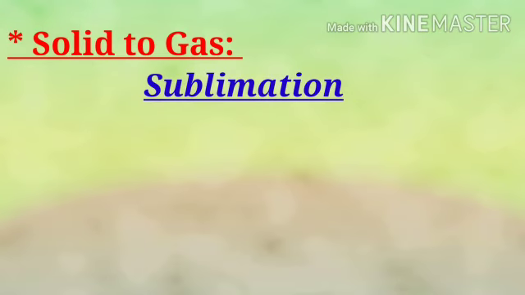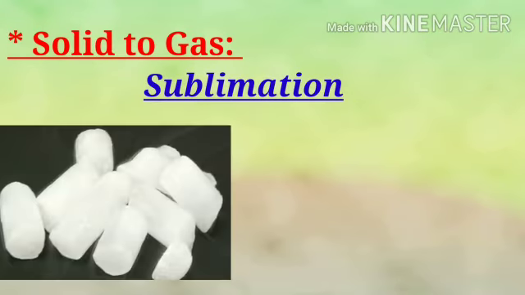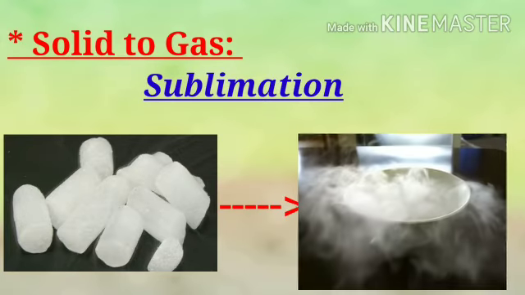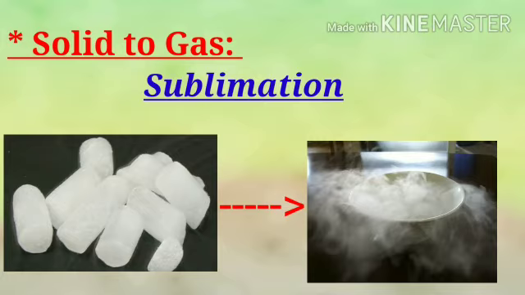Okay. Now our next transition is solid to gas. This process is known as sublimation. Here you can see that a solid, giving example kapoor or camphor, when kept at room temperature open in the atmosphere, then you can see it disappear after some time. But actually it changes to gaseous state.